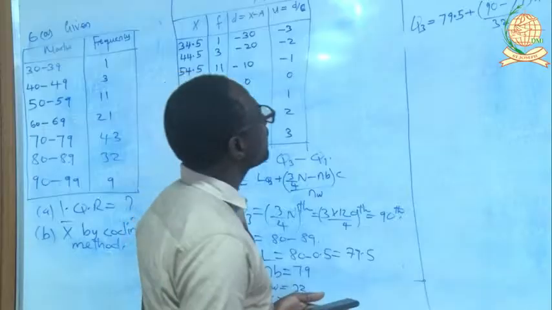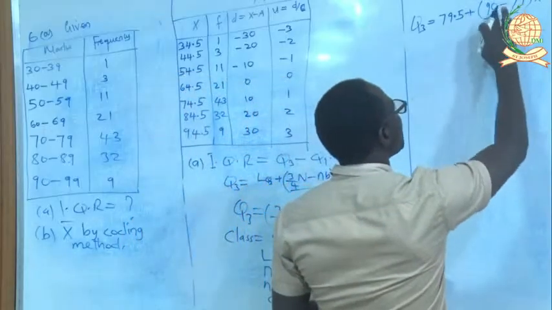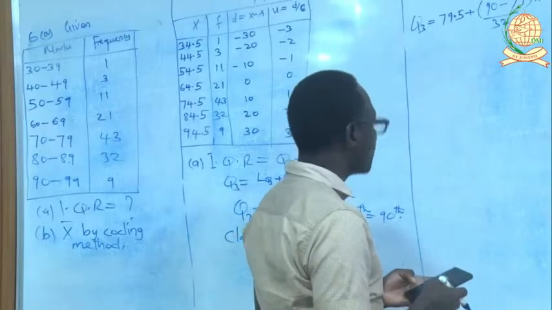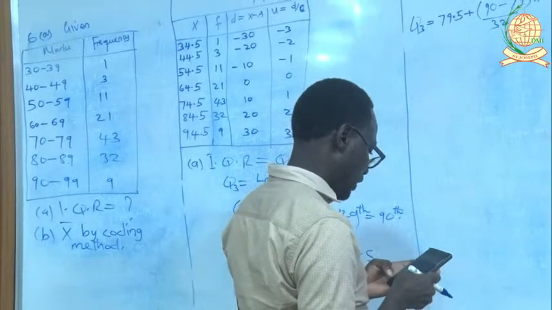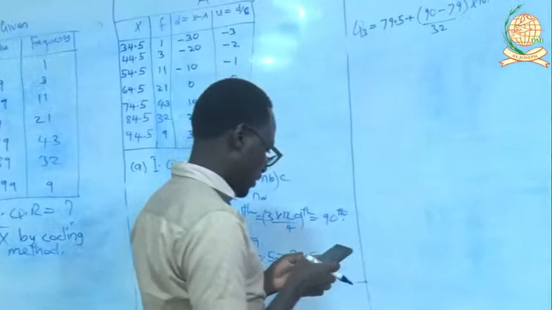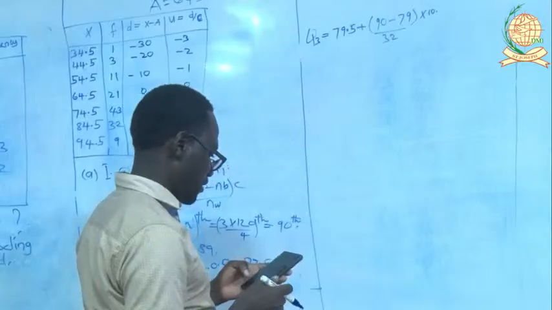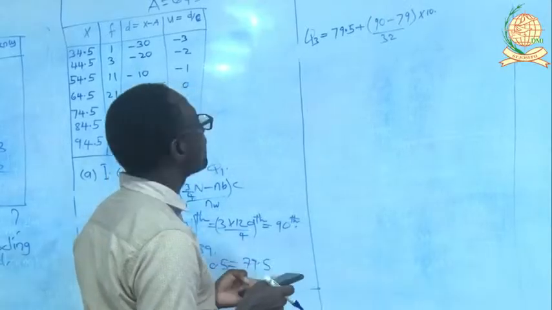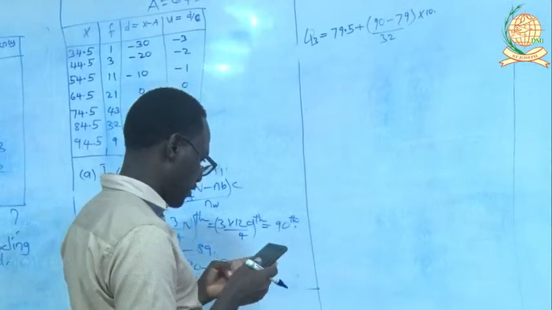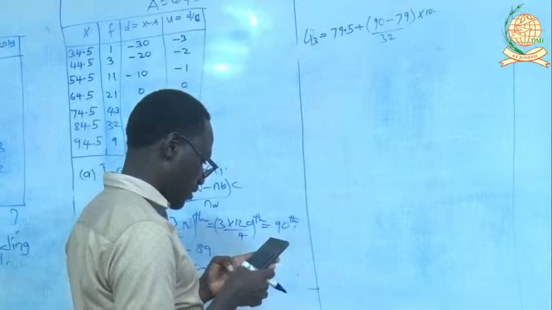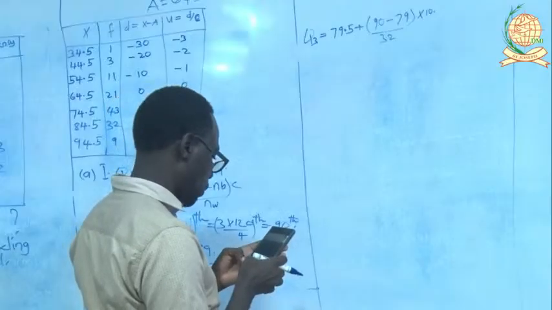Start with the bracket: 90 minus 79, times by 10, then divide by 32.